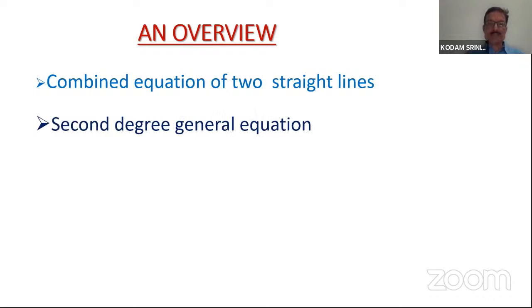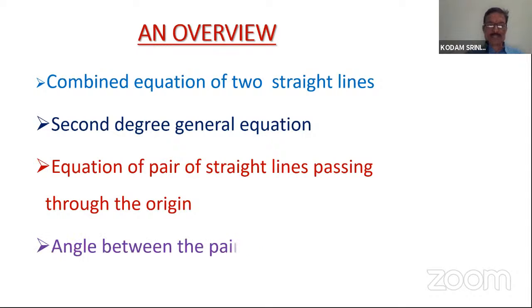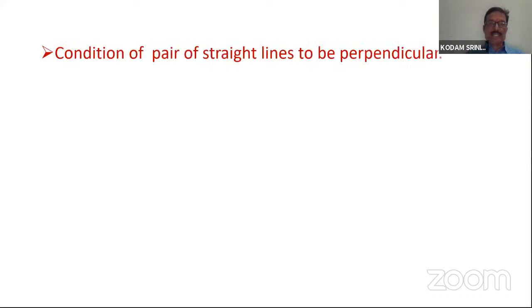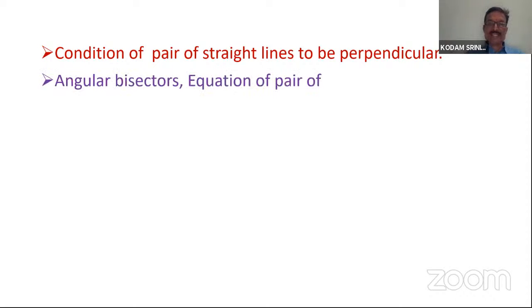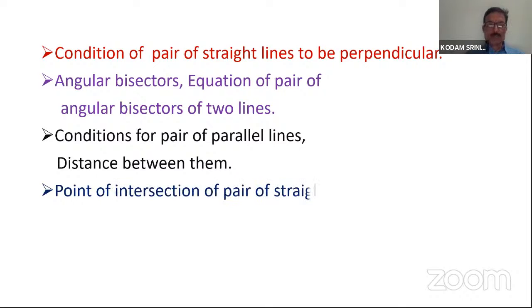In this chapter, we will discuss combined equation of two straight lines, second degree general equation, equation of pair of straight lines passing through the origin, angle between the pair of straight lines, condition of pair of straight lines to be perpendicular, and angular bisectors, that is equation of angular bisectors of two straight lines, conditions for pair of parallel lines and distance between them, point of intersection of pair of straight lines.